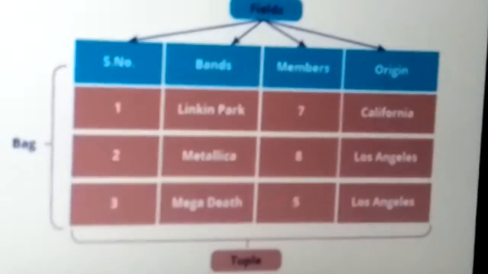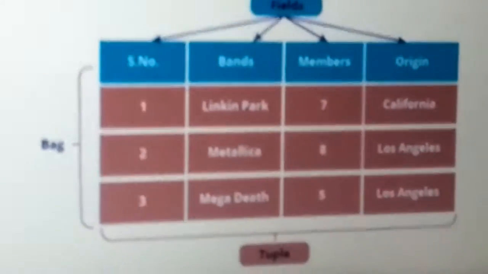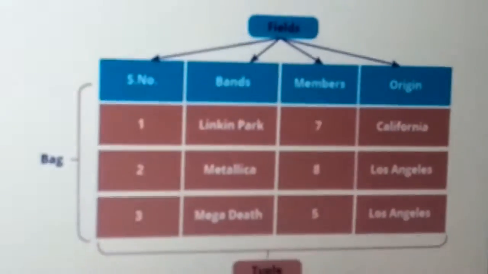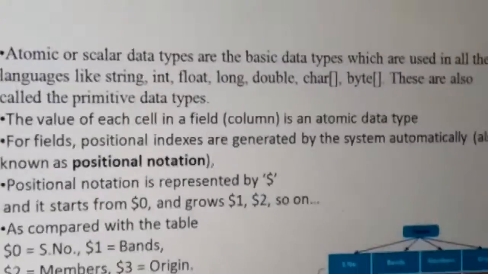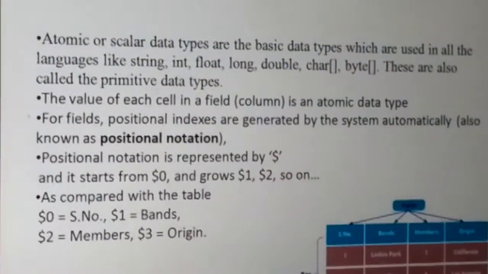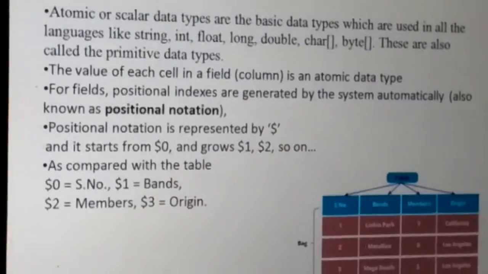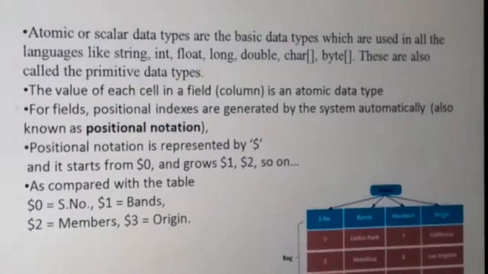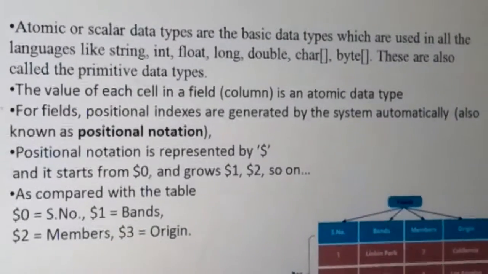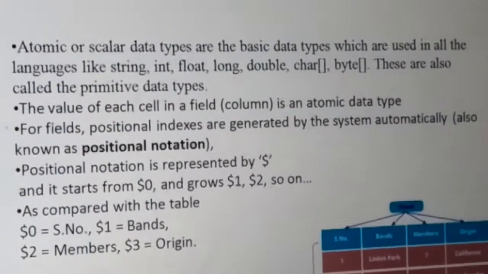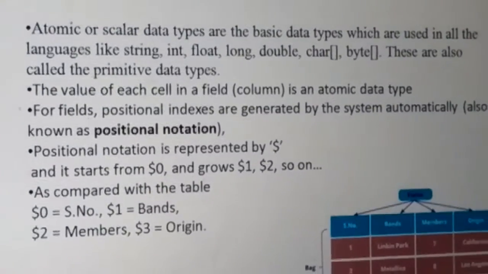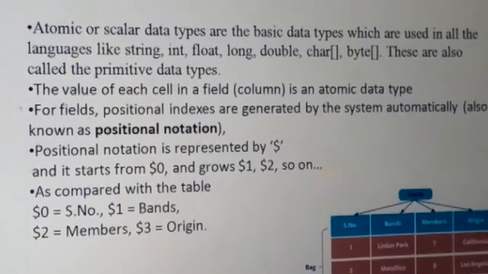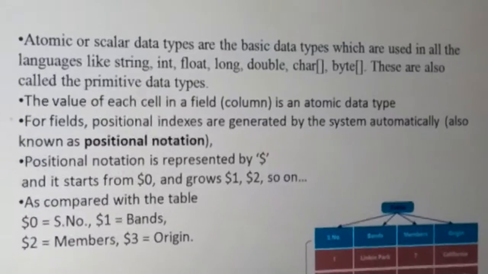the scalar data. The value of each cell in a field or column is atomic data type, that is shown in the figure. For fields, positional indexes are generated by the system automatically and also known as positional notation. The positional notation is represented by the symbol $, as it starts from $0 and grows $1, $2, and so on.